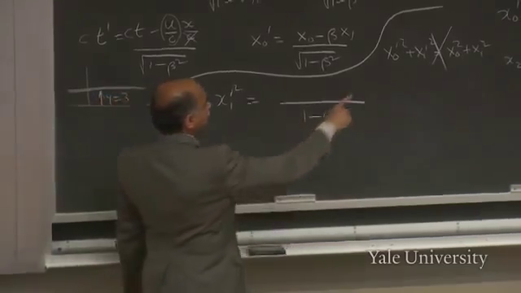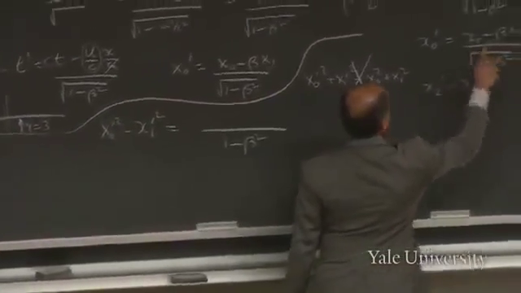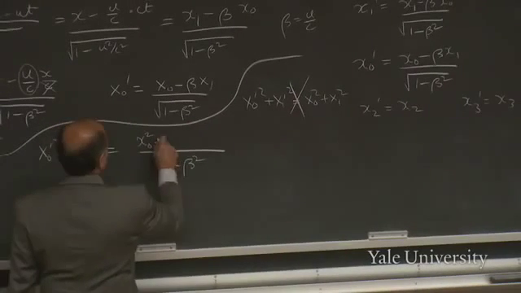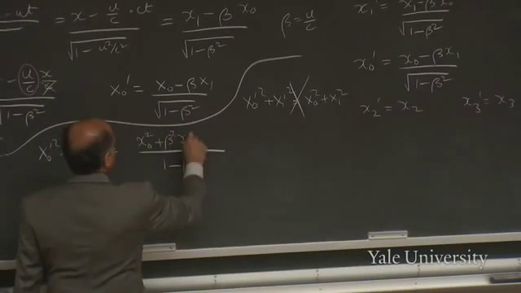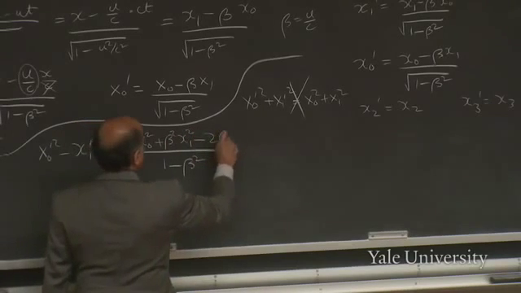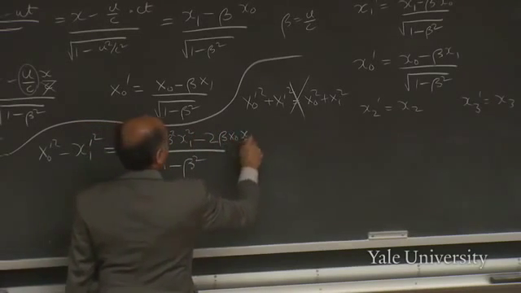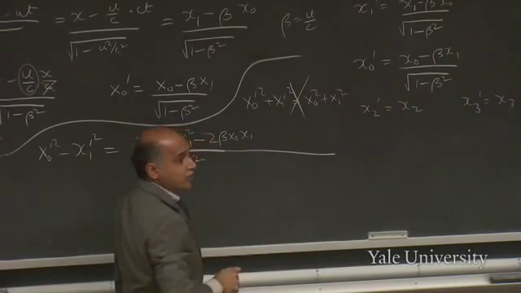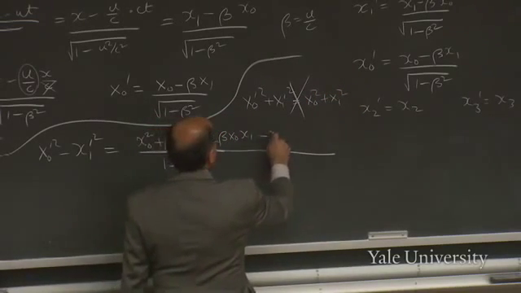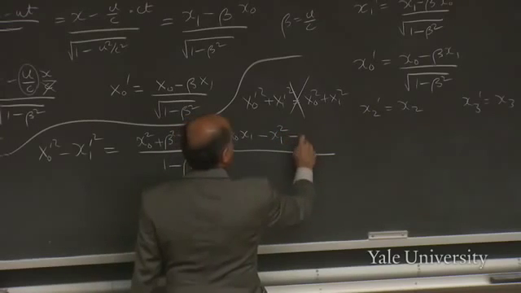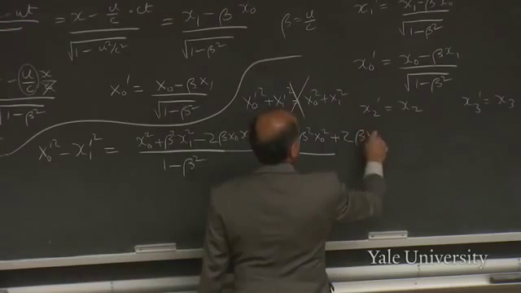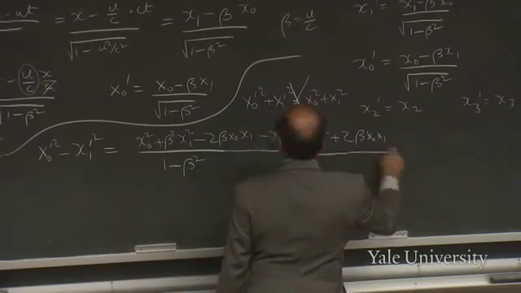How about upstairs? First, you got to square this guy. This will give you x naught square plus beta squared x1 square minus 2 beta x naught x1. From that, I should subtract the square of x1 prime. That'll give me minus x1 square minus beta square x naught square plus twice beta x naught x1.